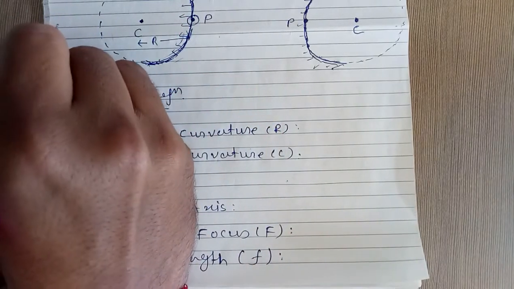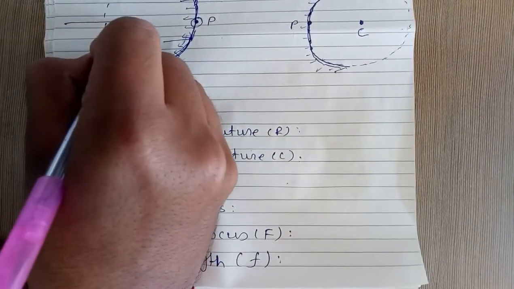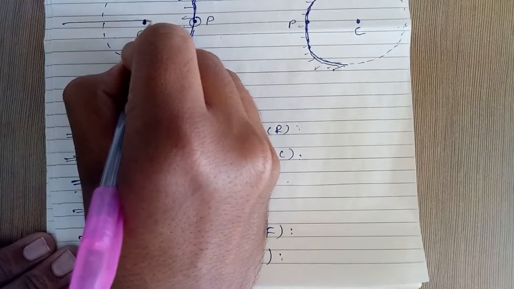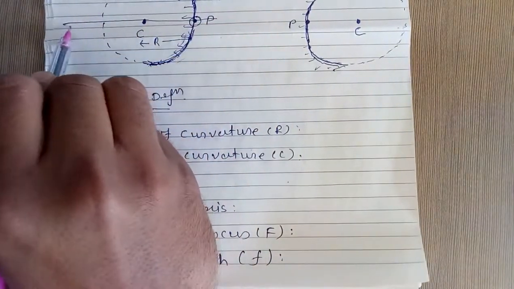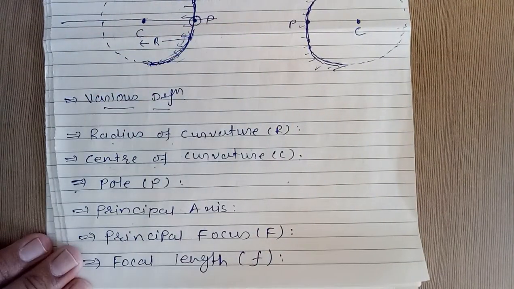So this line passing through C, the center of curvature, and the pole is known as our principal axis. Once again I repeat the definition: the imaginary line passing through the pole P and the center of curvature capital C is known as the principal axis.